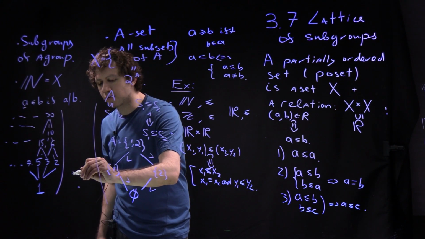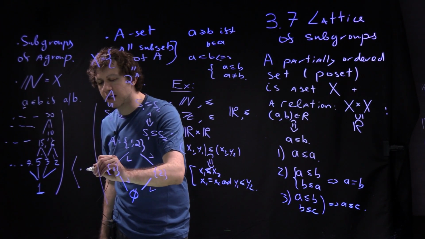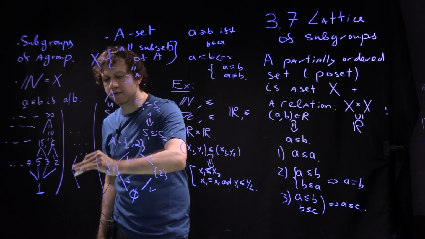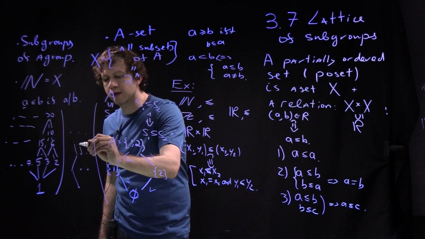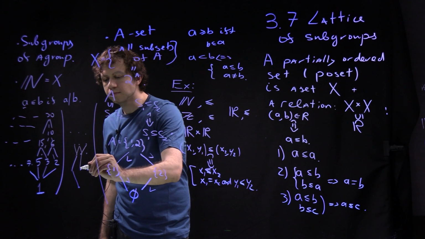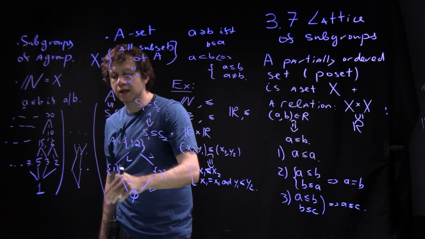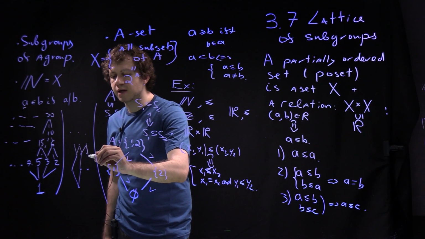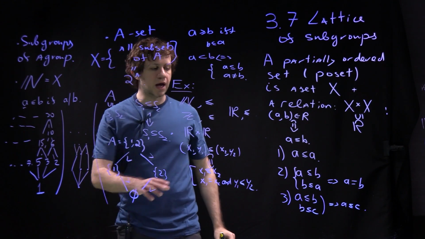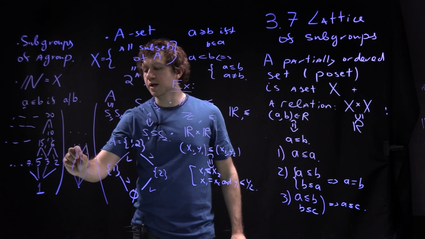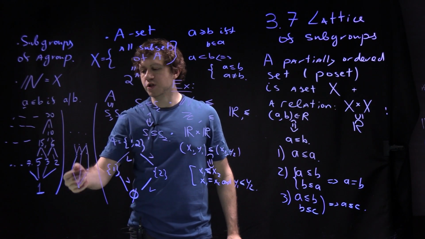You can take any kind of diagram on the plane where you have a bunch of dots on every layer and some edges going from one part to another, and then you can say that one element is bigger than the other if it is just below.